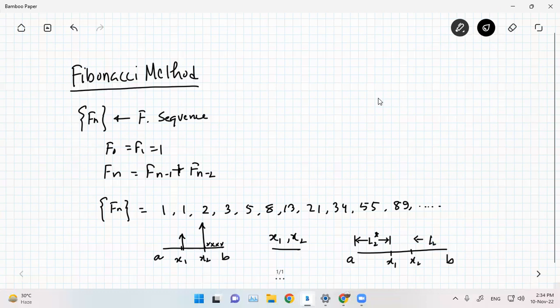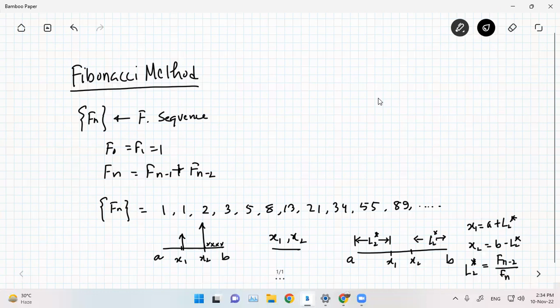So L2 star. What we are going to get is x1 will be A plus L2 star, and x2 will be B minus L2 star. Now, what will be the formula for L2 star? L2 star will be Fn minus 2 by Fn.